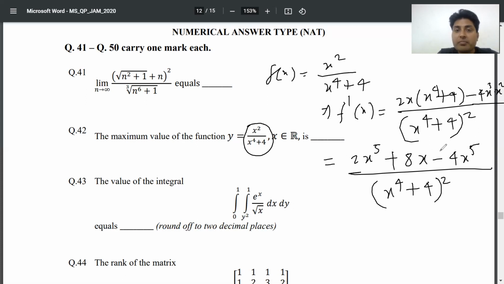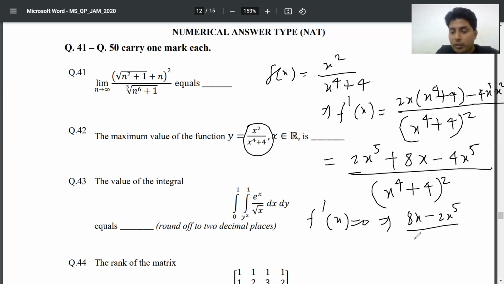To get the maximum or minimum value, we put f dash x equal to 0. Let's simplify the numerator: it's 8x minus 2x^5 upon (x^4 plus 4) whole power 2, that is 0.